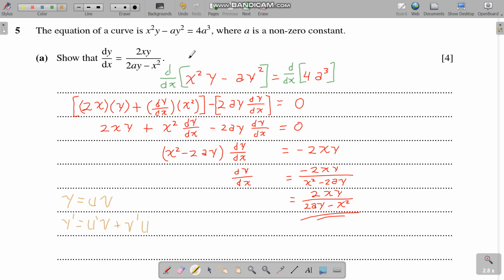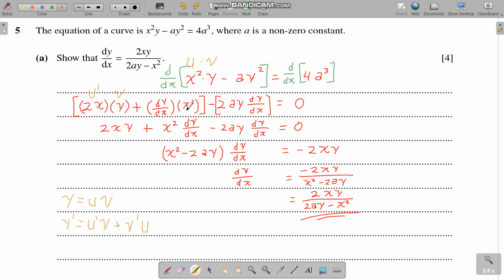So let's say u is x squared and v is y. The u prime is the derivative of x squared with respect to x, so just as usual, it's 2x. This is u prime. The v is y, rewrite.